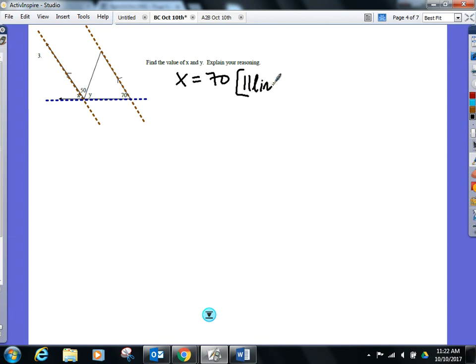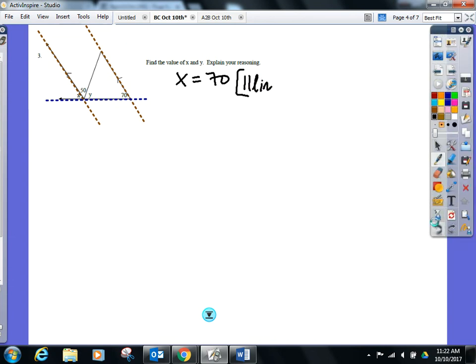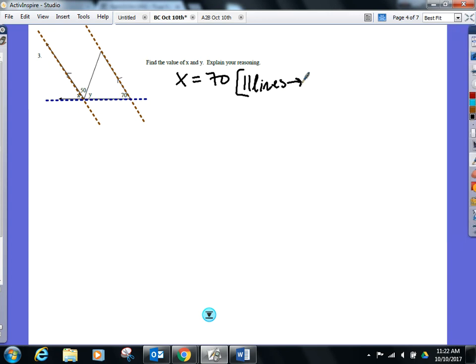Parallel lines imply what? What am I going to put now? The corresponding angles are congruent. X is 70. Nice job, ladies. Thank you.